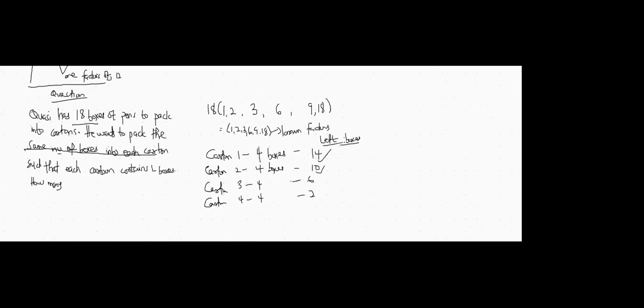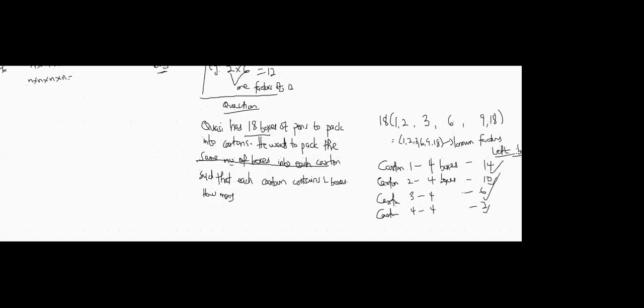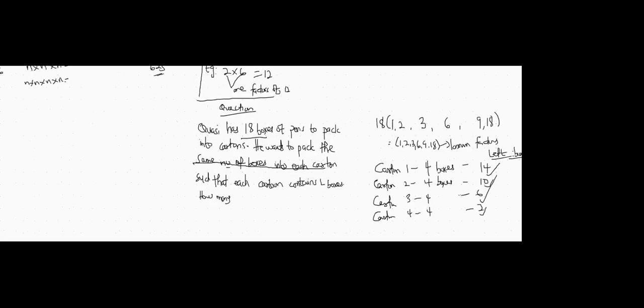The third carton, I pack 4 boxes, and I am left with 6. For the 4th carton, I pack 4 boxes, and I am left with 2. And it's also the same number of boxes per carton. And how many cartons would he get?